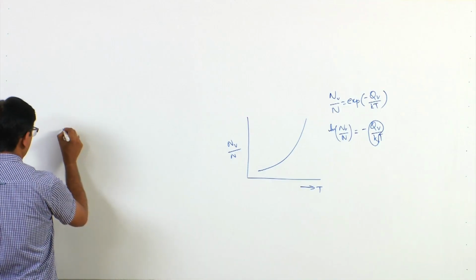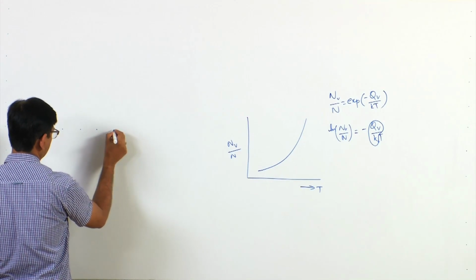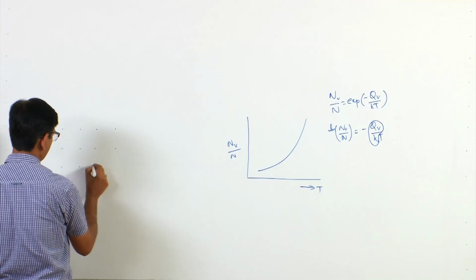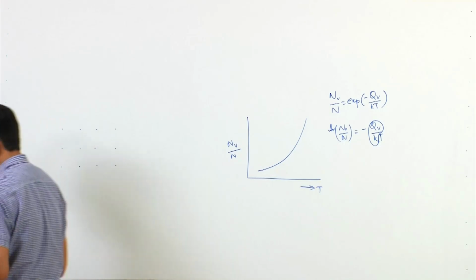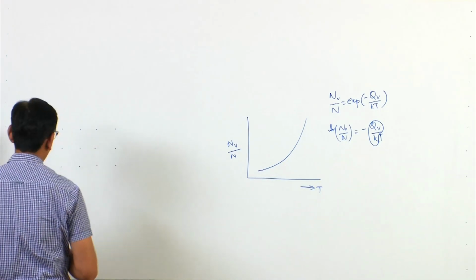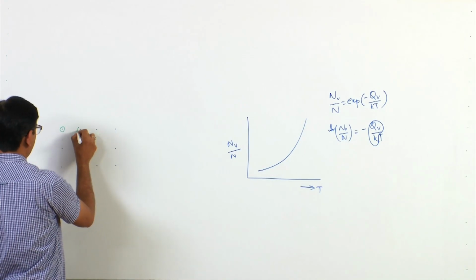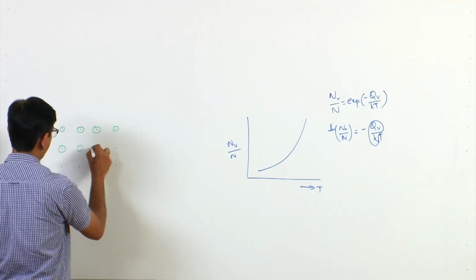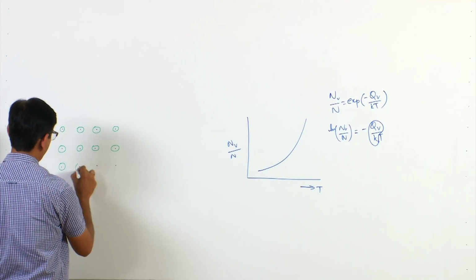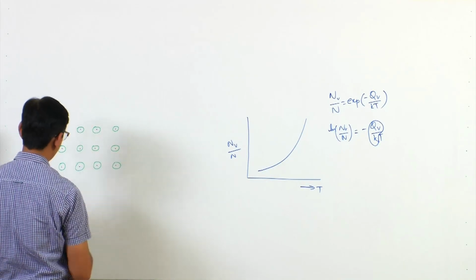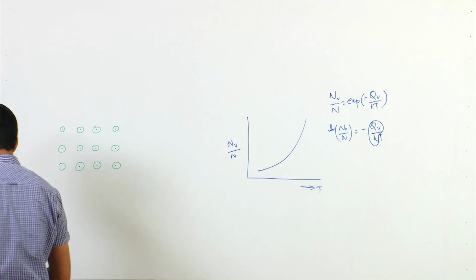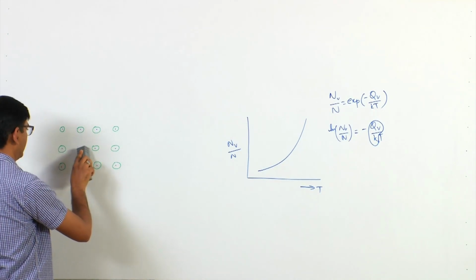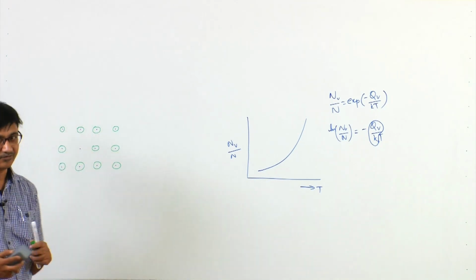So, suppose these are the lattice points, and atoms are there on each of these lattice points. Okay. So, one case was that I said you can have a condition where this atom is missing from this side, it is called vacancy.